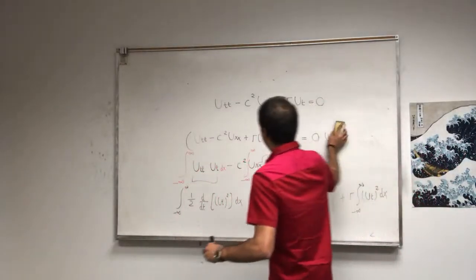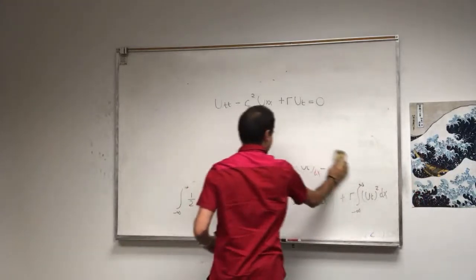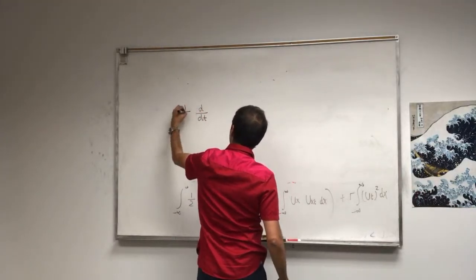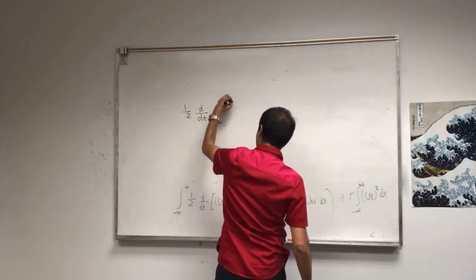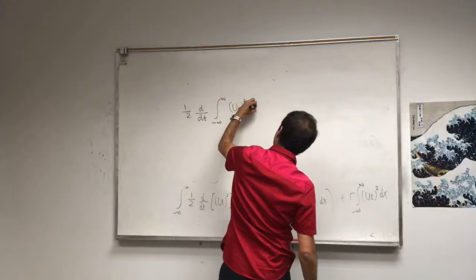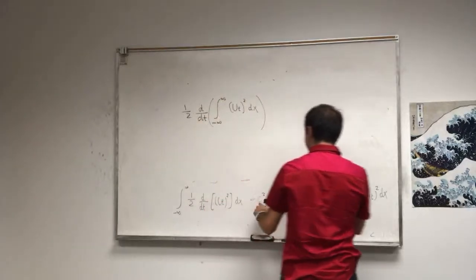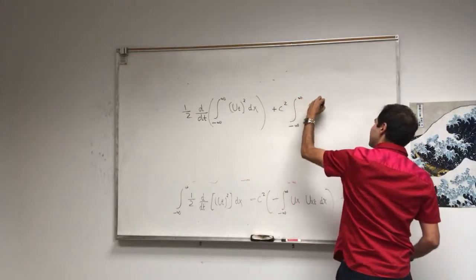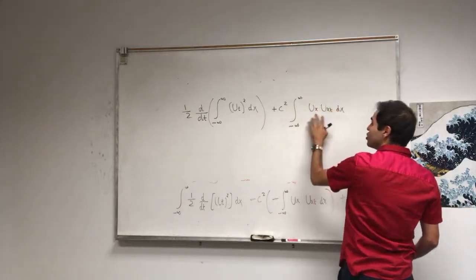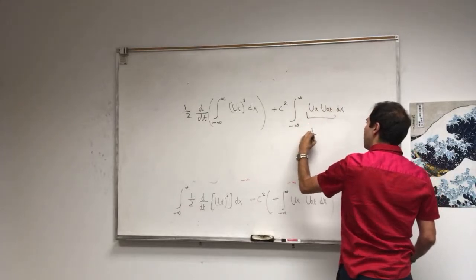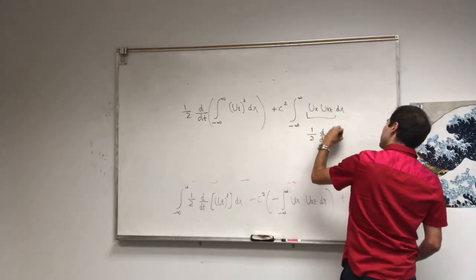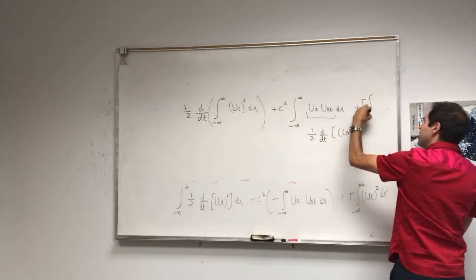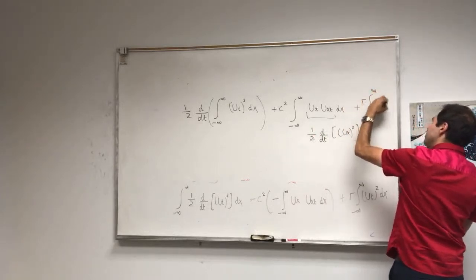Because notice what happens here: we get 1/2 d over dt of the integral from minus infinity to infinity of ut squared dx. And then this is plus c squared times the integral of ux uxt dx, which you can write also as a derivative, again 1/2 d over dt of ux squared. And still this gibberish term, R times the integral from minus infinity to infinity of ut squared dx.